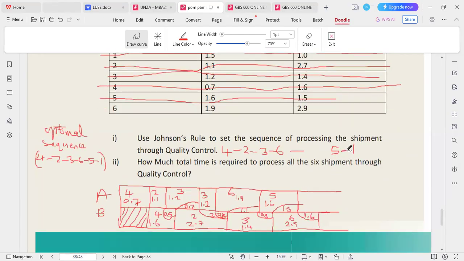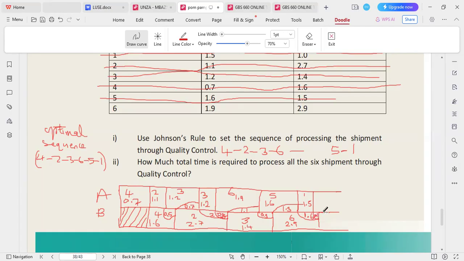Job 1 is taking 1.5. So these ones are still taking 0.1 hours longer.